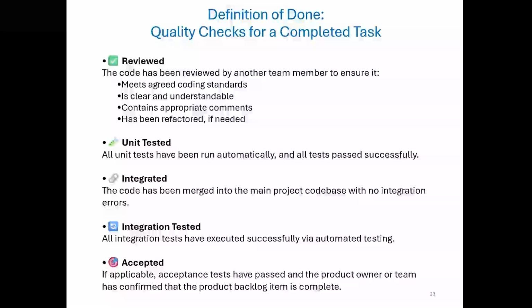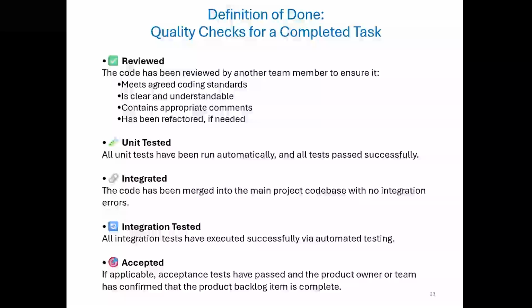And finally, acceptance. This is the acceptance criteria, like something the product owner requested. It should be verified and approved. The PO, or sometimes the team, confirms yes, this feature or task is complete and it meets expectations.